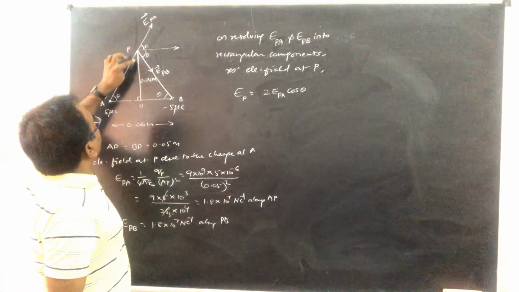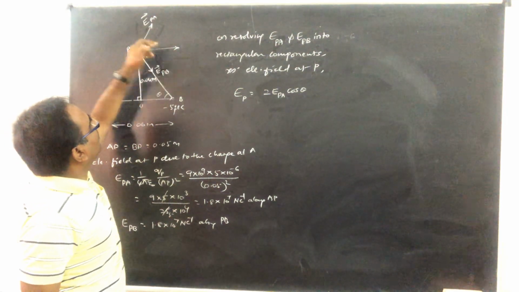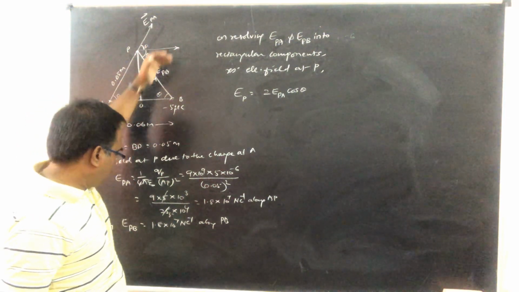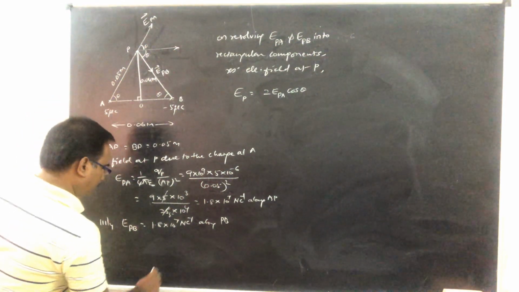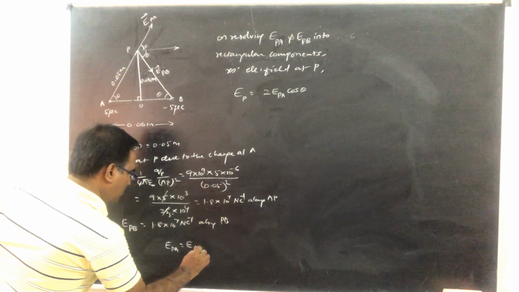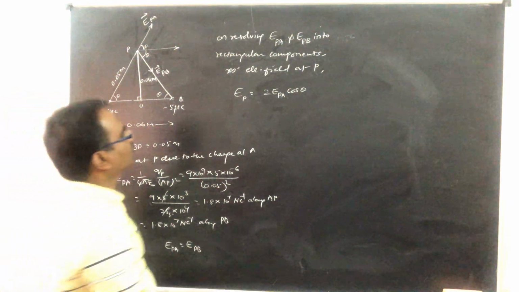Because this component and this component cancel, the component of EPA this side is EPA cos theta and the component of EPB this side is EPB cos theta. Since EPA and EPB are equal, it becomes 2 EPA cos theta.